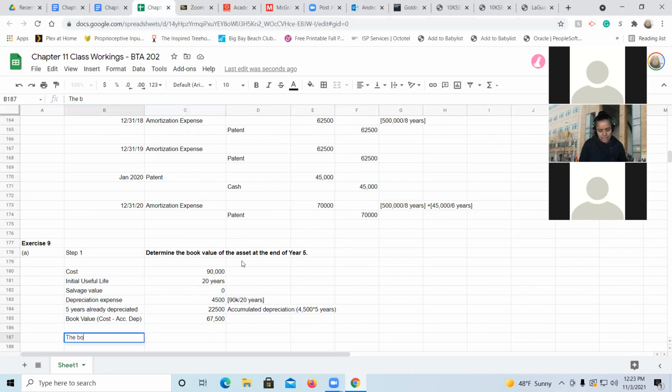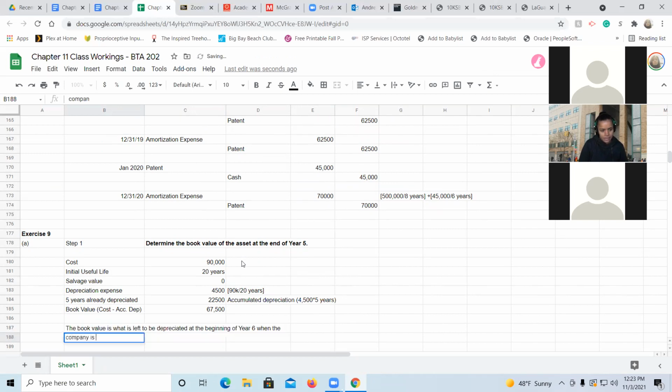So I'm going to just write a sentence here. The book value is what is left to be depreciated, right? At the beginning of year 6, when the company is making the change in the estimated useful life of the asset.